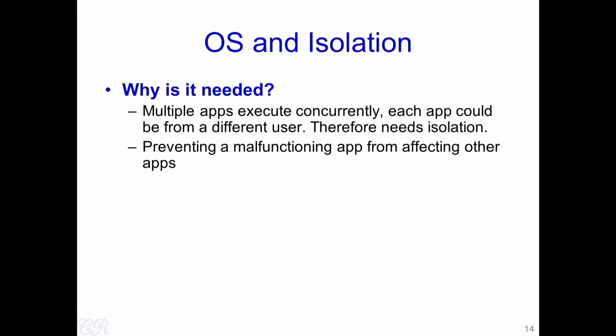If the application wants to use the printer, it needs to go through the operating system. That is, it would need to make a system call, which in turn would trigger the operating system to execute device drivers with respect to the printers. The application would then send the document or the text file which it needs to print to the operating system, which then transfers it to the printer.